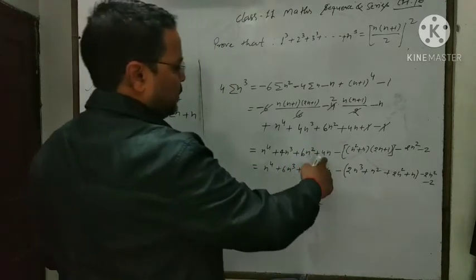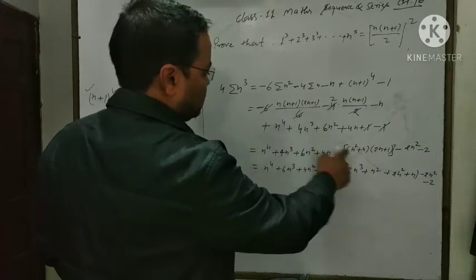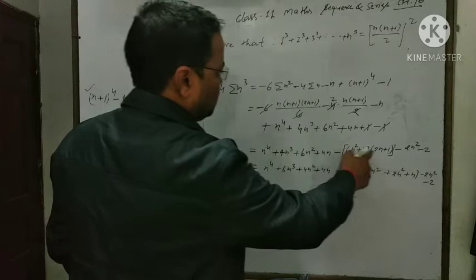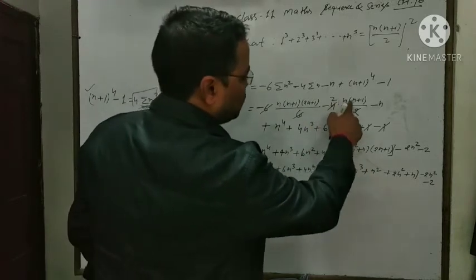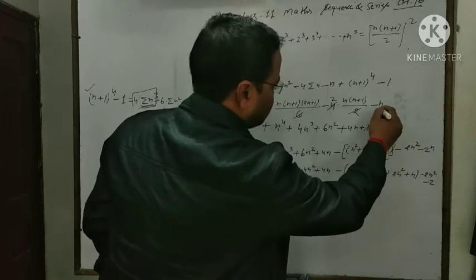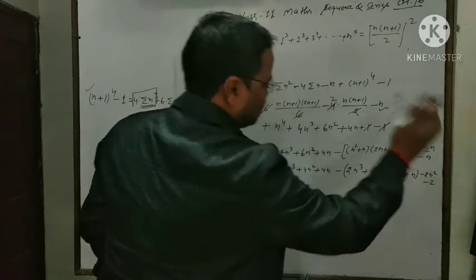Okay. Then this value n into n square, n into 1, n, 2n plus 1, and this will be 2n into n, 2n square minus 2n, and then this minus n. Okay, correct.